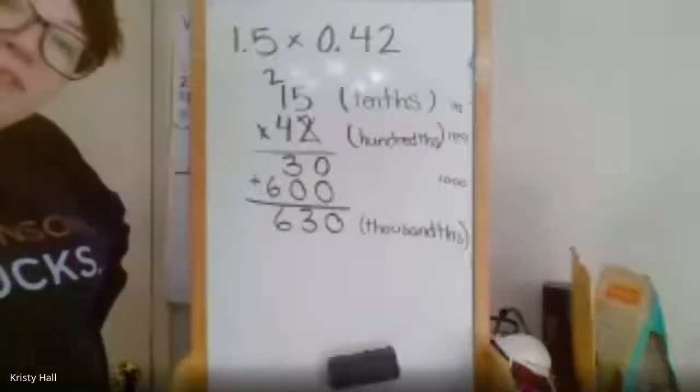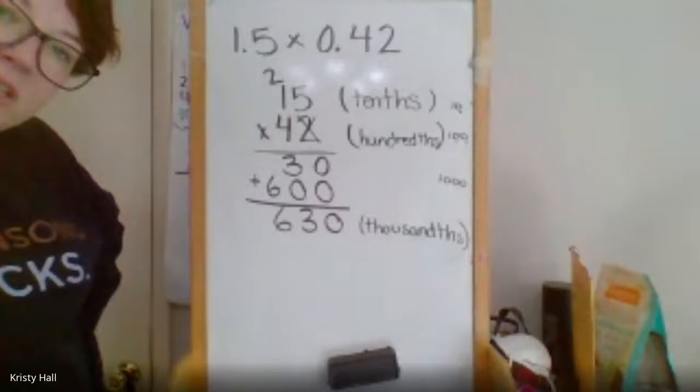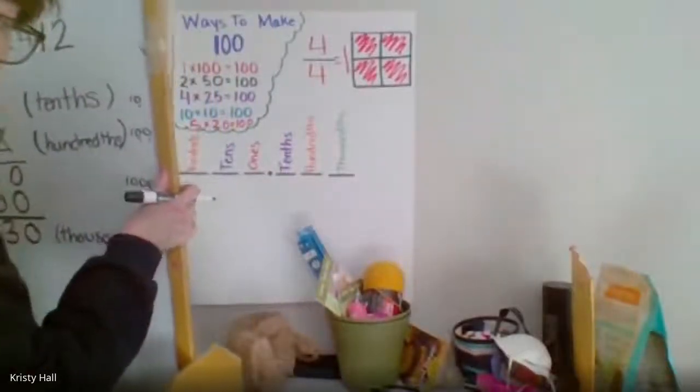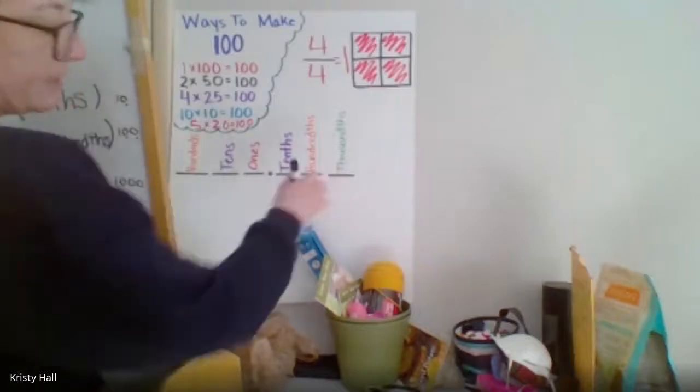So if I'm dealing with thousandths, how many digits are going to come after the decimal point? I have my chart over here. You see my chart? Decimal, tenths, hundredths, thousandths.